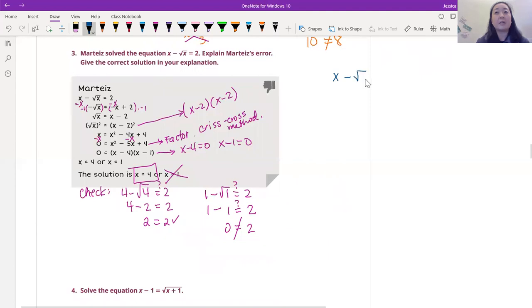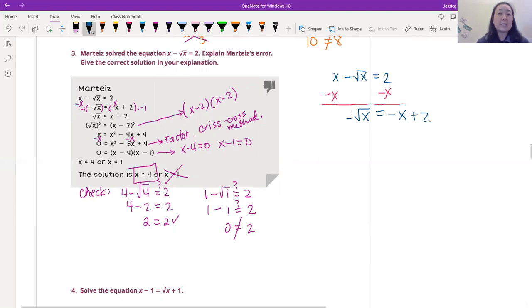So x minus square root of x is equal to 2, right? And then first step, let me actually do these in different colors. So first step was to subtract x on both sides, because we want to get rid of the square root of x, right? And then we're going to get negative square root x is equal to negative x plus 2.